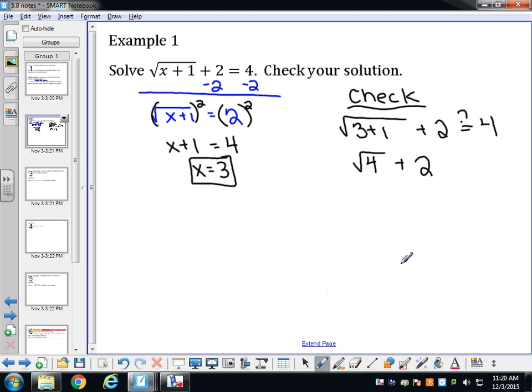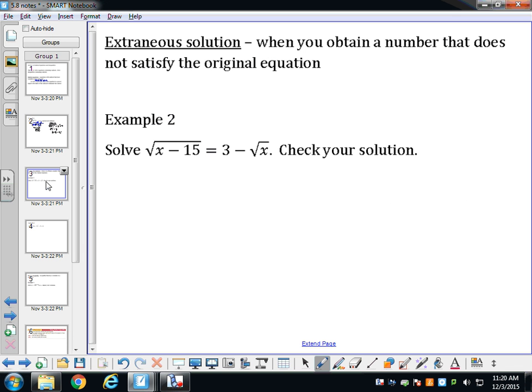If we continue to simplify, the square root of 4 is 2, plus 2. That truly does equal 4. So my solution of x equals 3 is correct. The reason we have to check is sometimes we will have extraneous solutions, and that is when I obtain a number that does not satisfy my original equation.